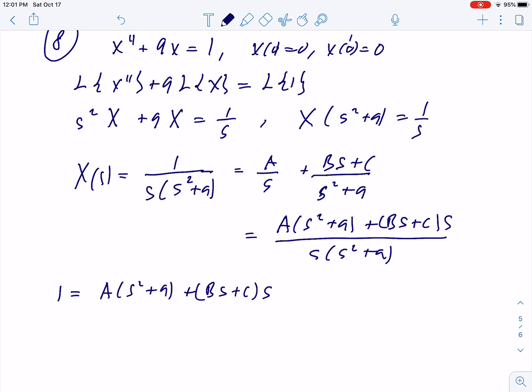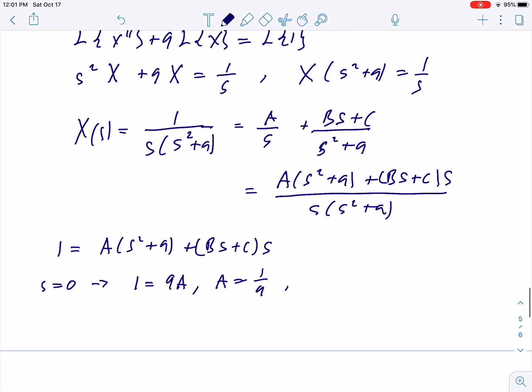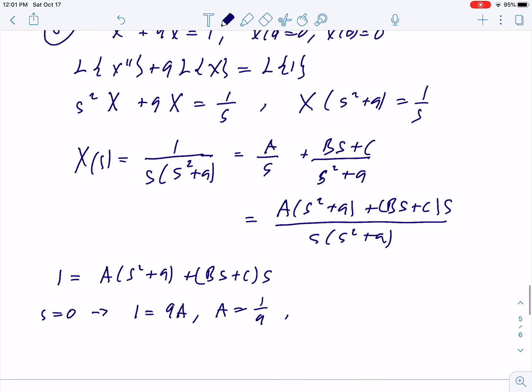We have three coefficients, a, b, and c. One easy number is 0. When you set s equals 0, 1 equals 9a. A is 1/9. What next? Another good technique when we work with the partial fractions, compare coefficients in front of powers of s.